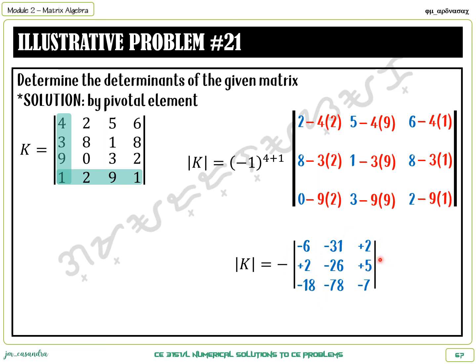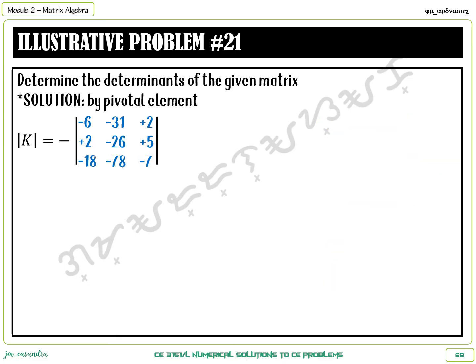Okay? So let's choose now. So this is our first solution for the pivotal element. So let's choose the smallest number. So we have positive 2.